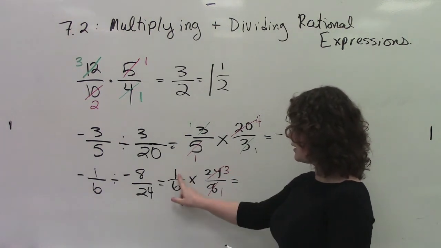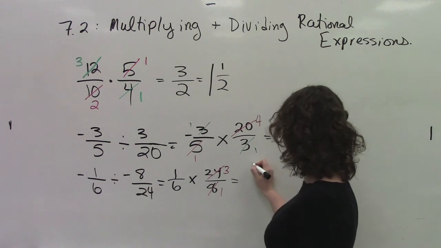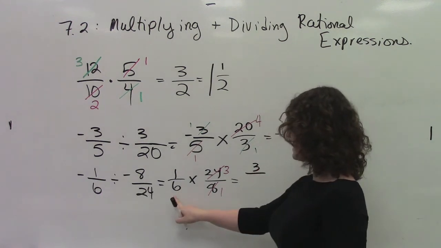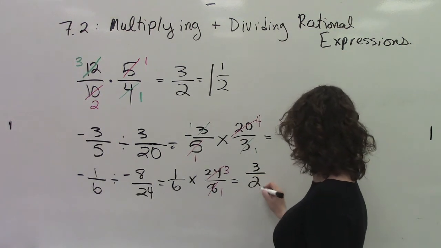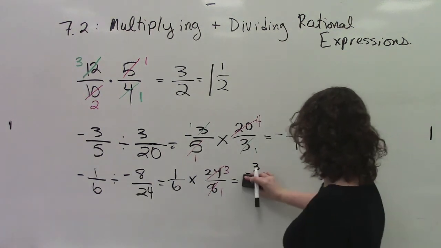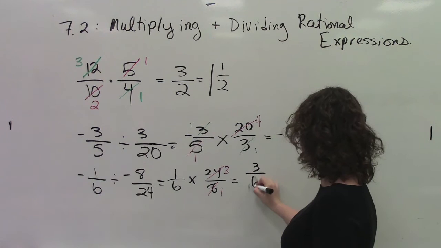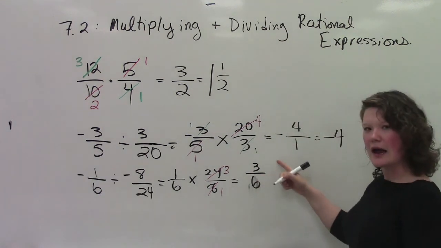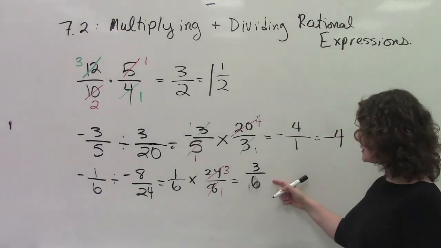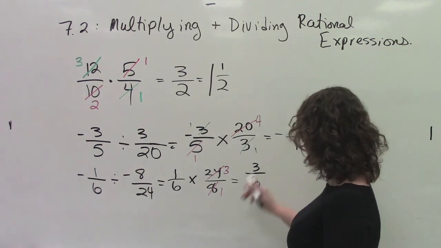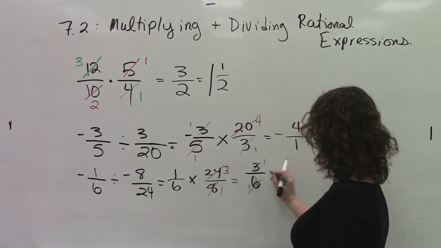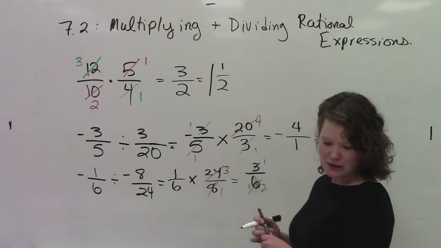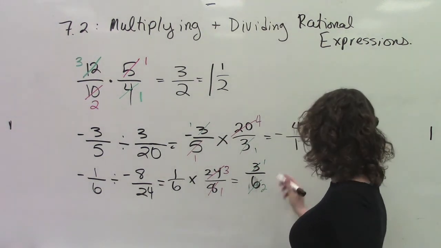So 1 times 3 is 3. 6 times 1 is 6. But look, we don't quite have it in those terms yet. What needs to happen? 3 goes into itself once. 3 goes into 6 2 times. So we're left with 1/2.